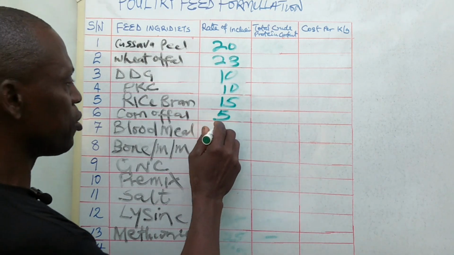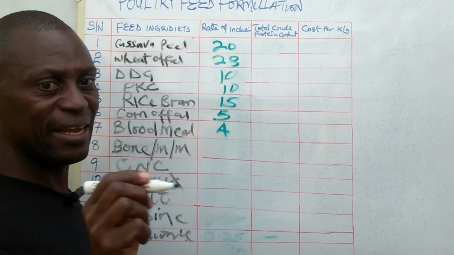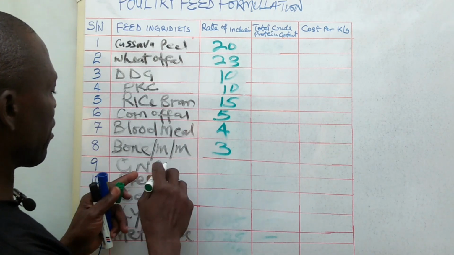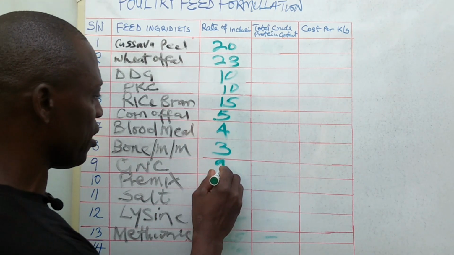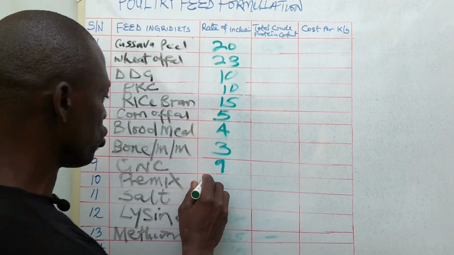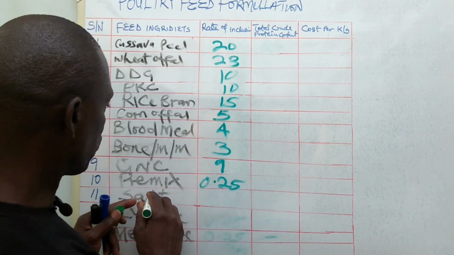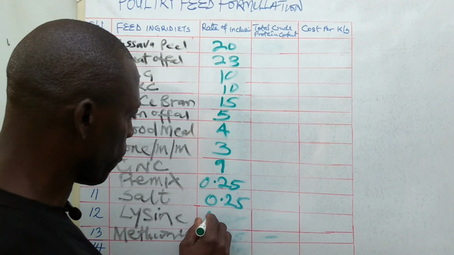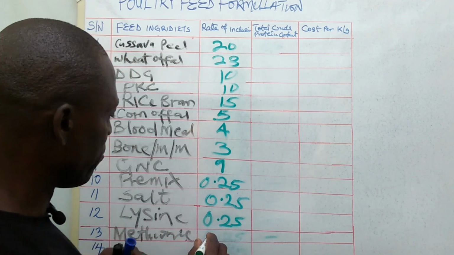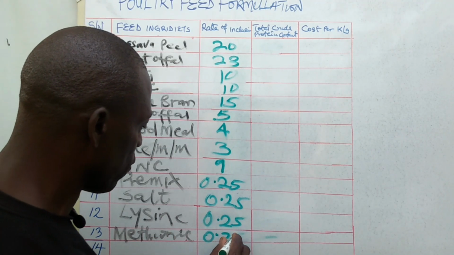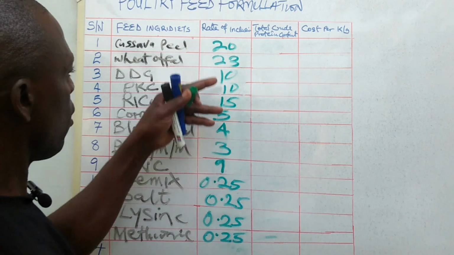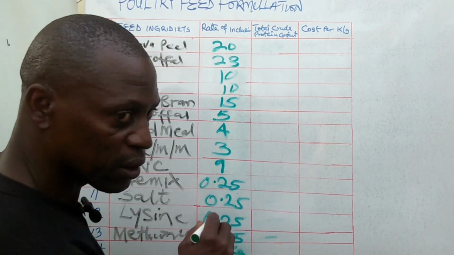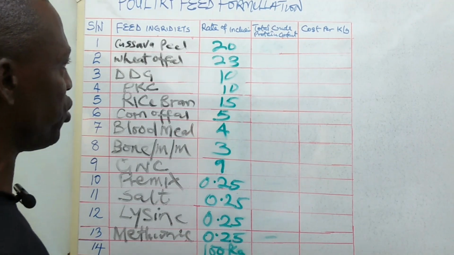Then blood meal, let's make use of 4 kg. Then bone and meat meal, let's make use of 3 kg. Then groundnut cake meal, let's make use of 9 kg. Premix, let's make use of 0.25. Salt, 0.25. Lysine, 0.25. And methionine, 0.25. All this will give us 100 kg. This is all we have here, 100 kg.